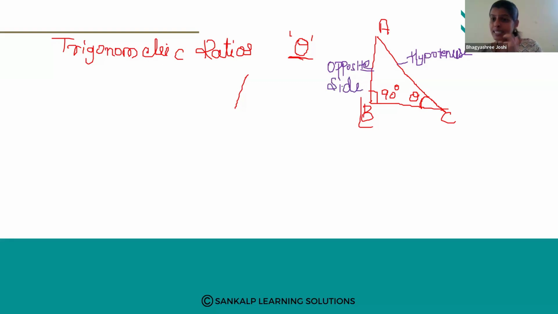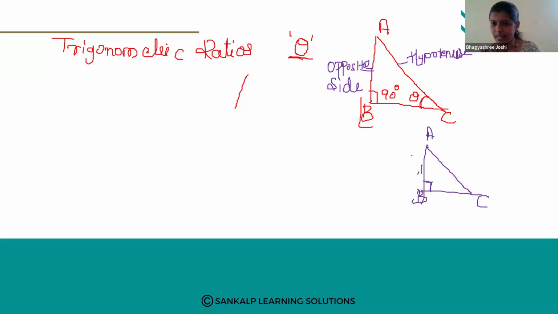Next, adjacent side. Adjacent side means what? See, where our angle 90 degree and our angle theta lie, that line we call the adjacent side. This is our right angle triangle ABC.